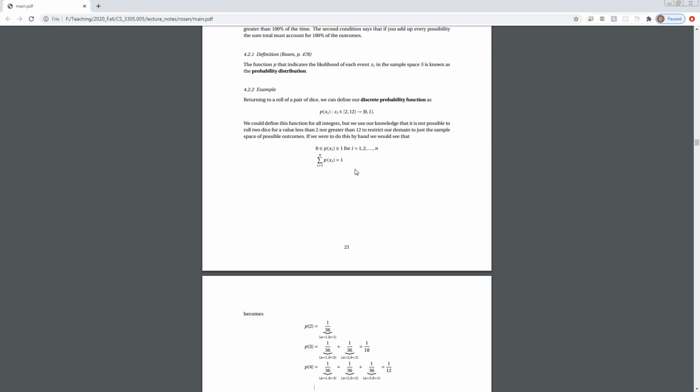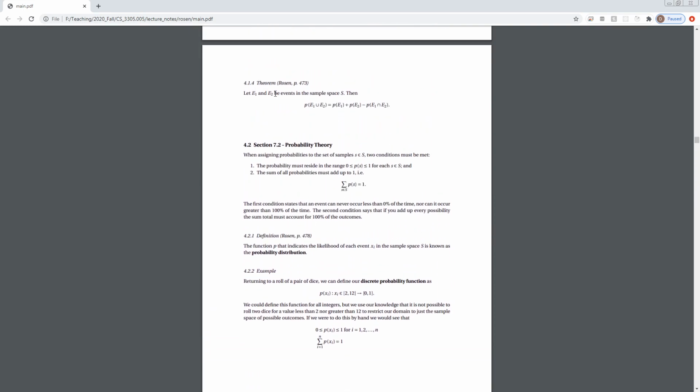And if this isn't the case, then either you've excluded something that is possible, or you haven't properly corrected your probable outcomes, right? So maybe you haven't corrected for some value that was counted twice or whatever.